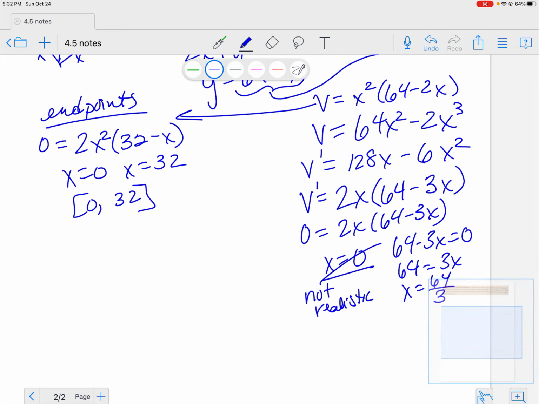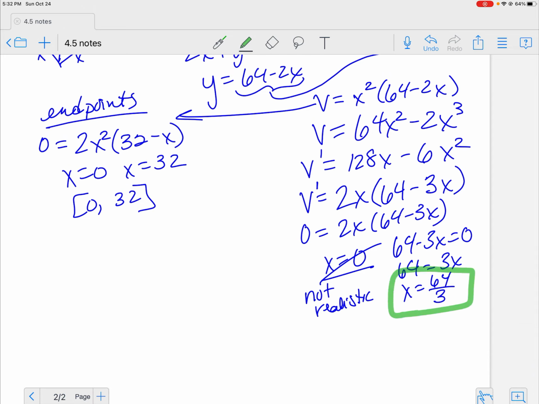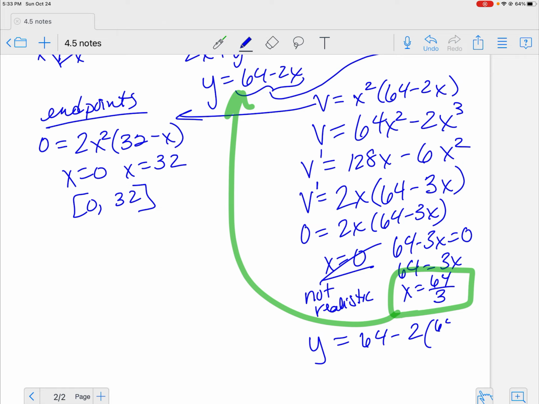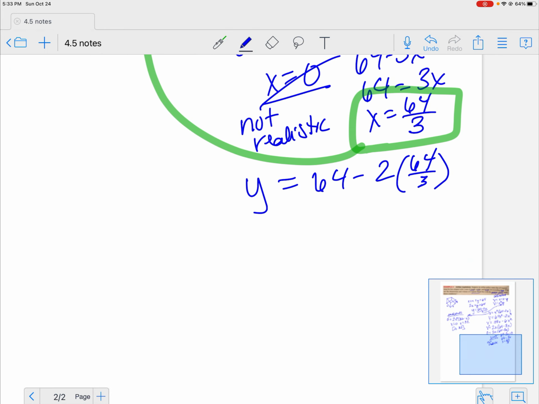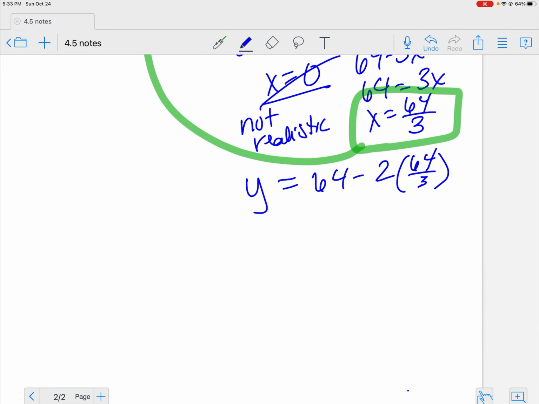Now I want the dimensions. So I'm going to take this 64 thirds and plug it back in so I can get those dimensions. So y is equal to 64 minus 2 times 64 thirds. I'm going to scoot this up so I can see it a little bit better. Oh, that's not as pleasant. Oh, that's not bad. Well, it's not awesome. So y here is now equal to getting a common denominator.